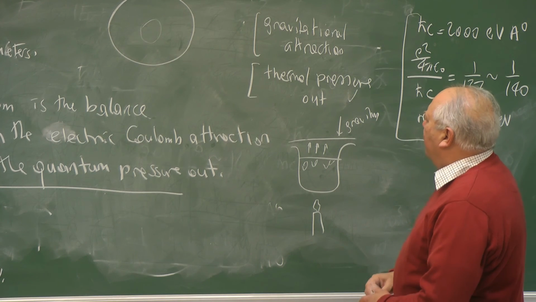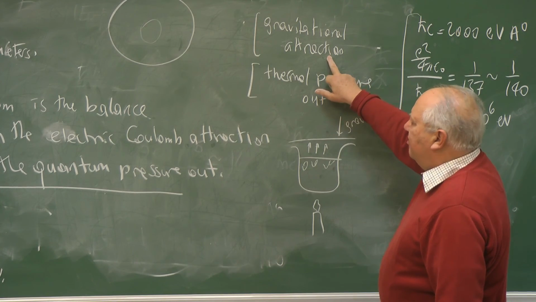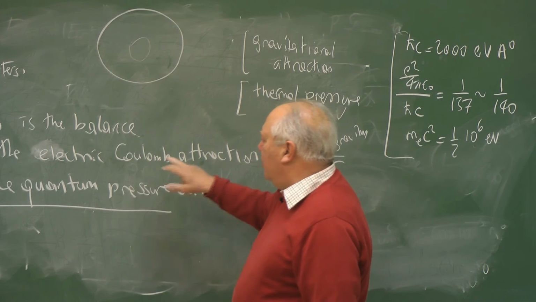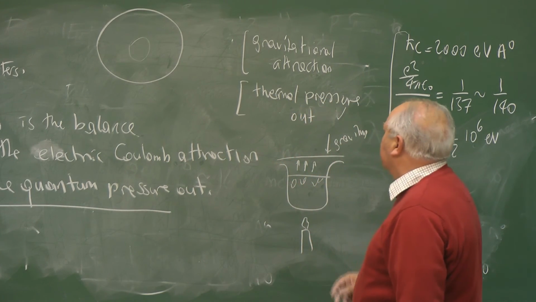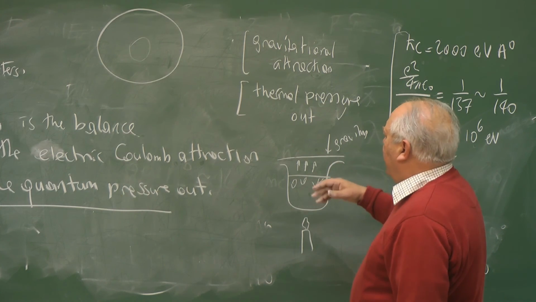Okay. One more statement. Gravitational attraction is always there, and here the Coulomb attraction is always there. So these are the attractive forces. What about the balancing forces?